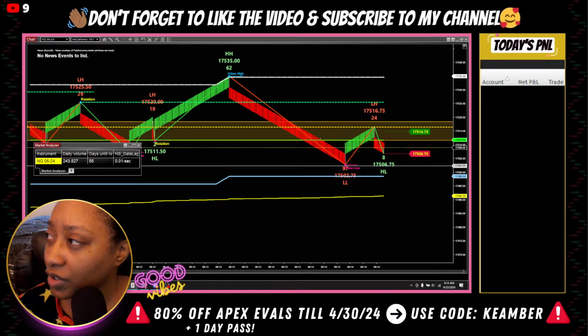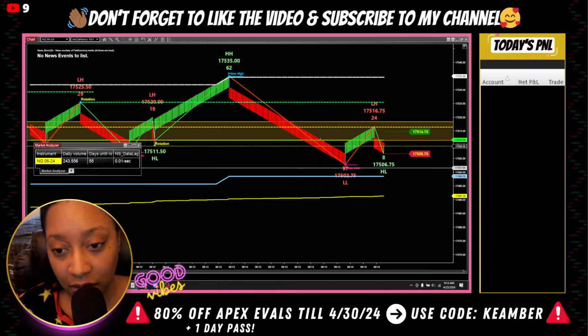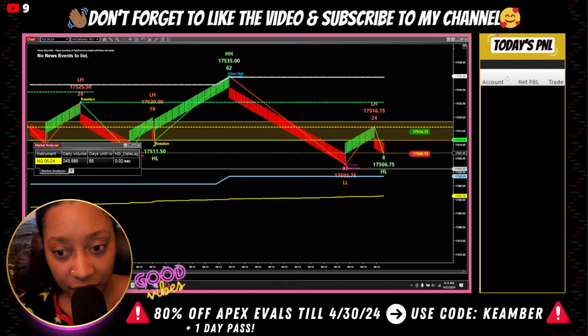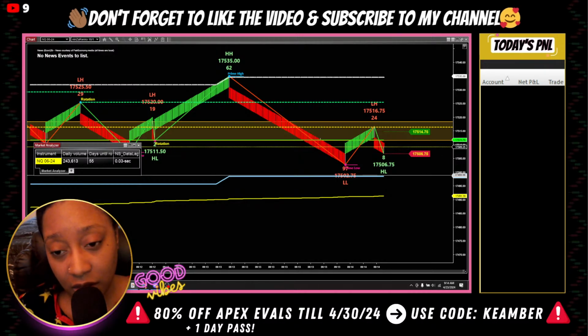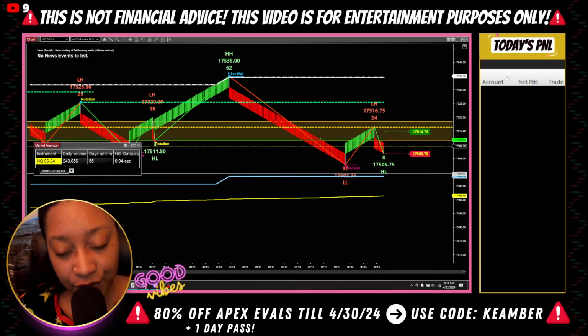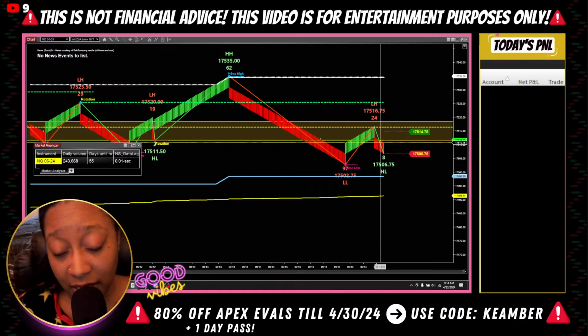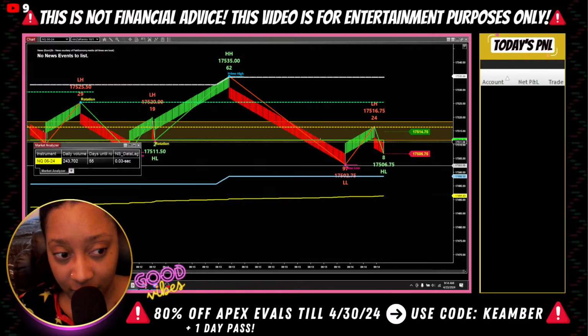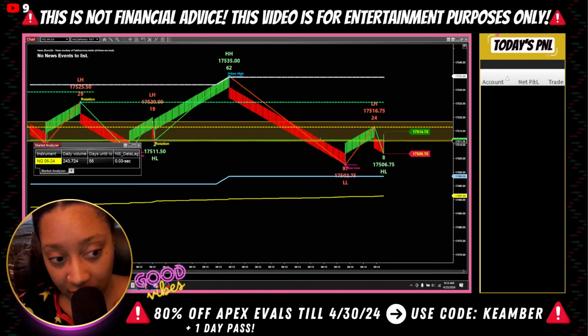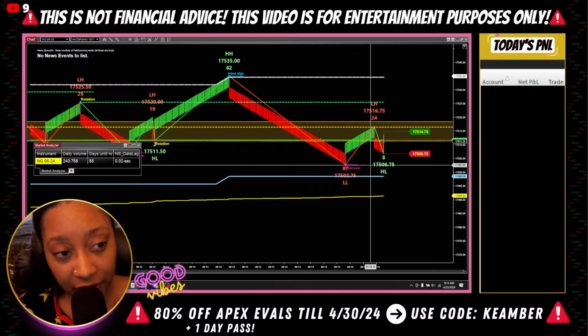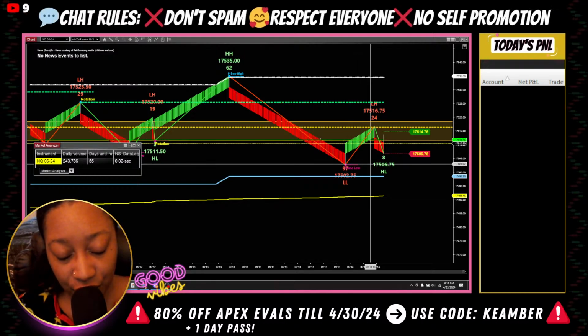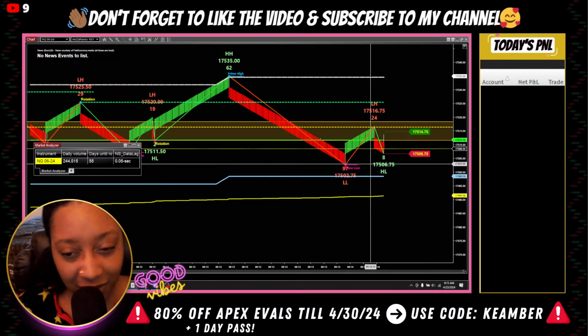Why am I using this chart instead of candlesticks? Can I explain? Okay, so I was first introduced to Renko charts 10 years ago when I first started learning how to trade, and to be honest with you, it was always my favorite. I am an overanalyzer, super analytical, so regular charts just don't compute in my head.